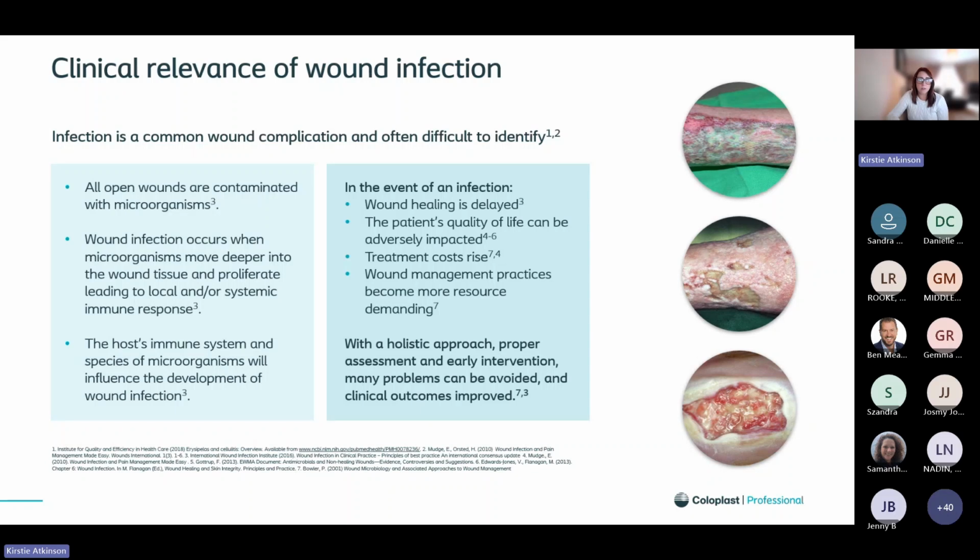Treatment costs can rise, and that's down to the products being used, but also the clinician's time. They will probably need more dressing changes and more complex dressing changes as well. It's really essential that we get on top of things and have a holistic approach, a proper assessment and early intervention so that these problems can be avoided and the clinical outcomes can be improved.